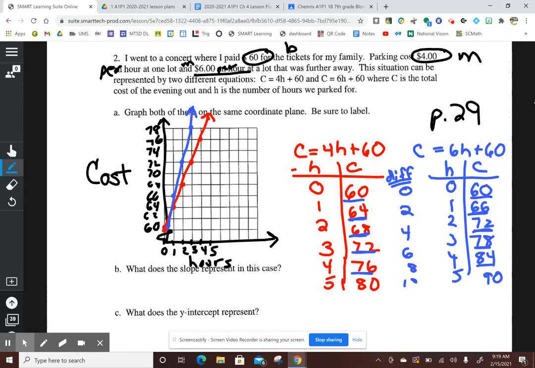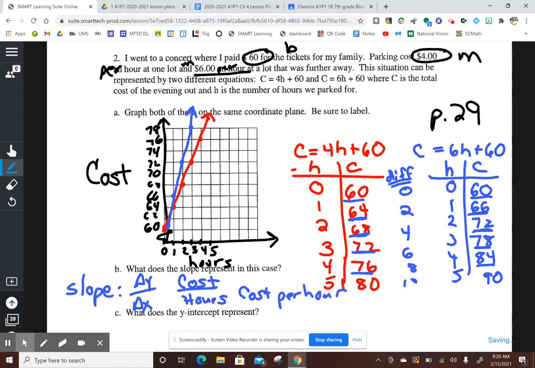Now, this says, what does the slope represent in this case? So remember from the previous problem, slope is the change in y over the change in x. In this case, y is representing cost, x is representing hours. So the slope is the cost per hour.